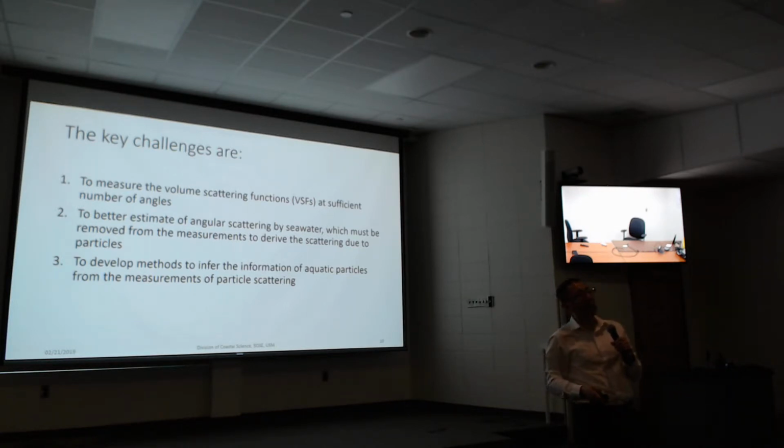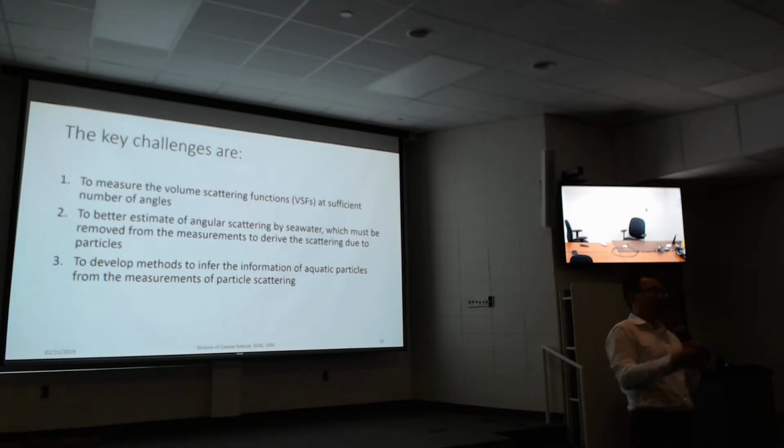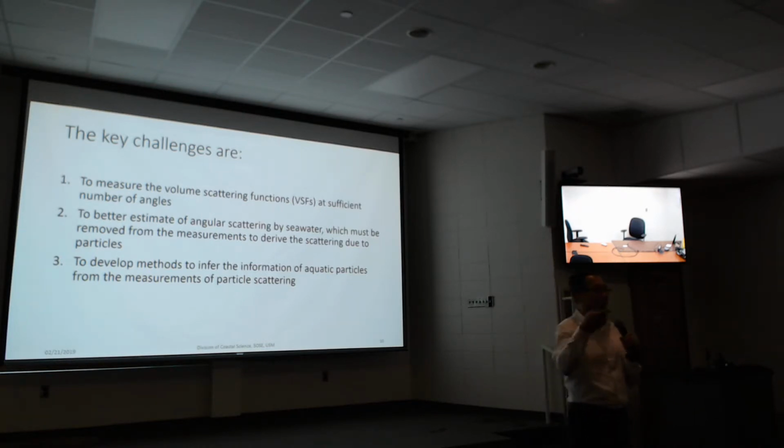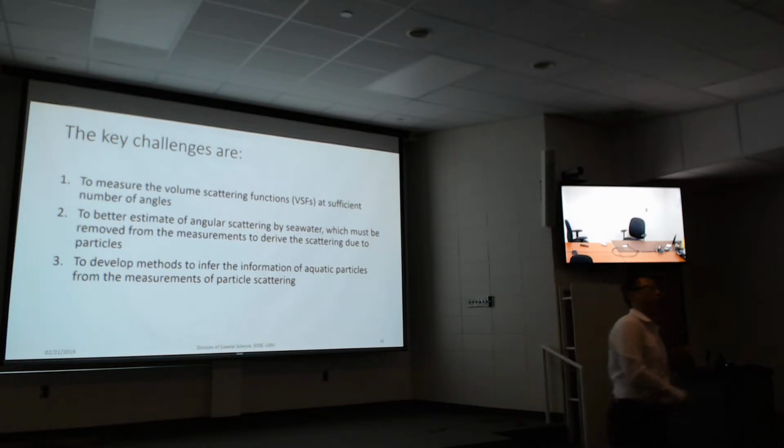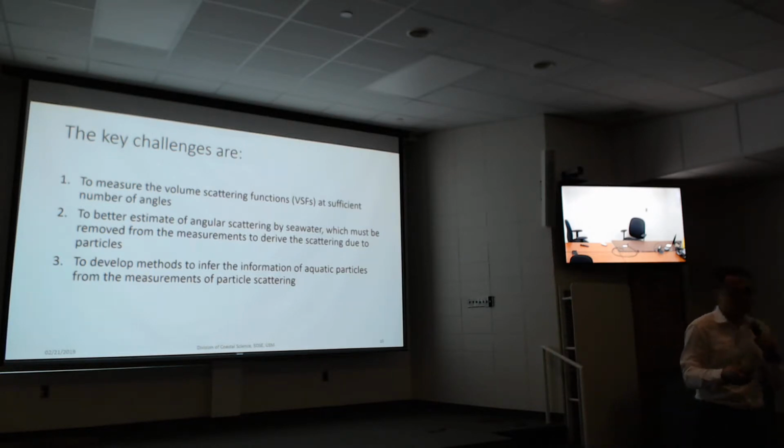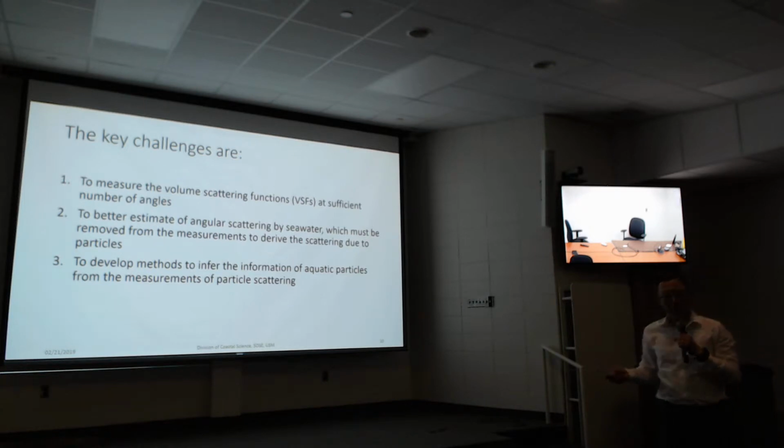In other words, after listening to the stories of the six blind men, we have to be able to say, oh, this is the elephant. So we need a model, algorithm or method to infer information about the particles from the angular measurement of the scattering. Those are the three challenges.